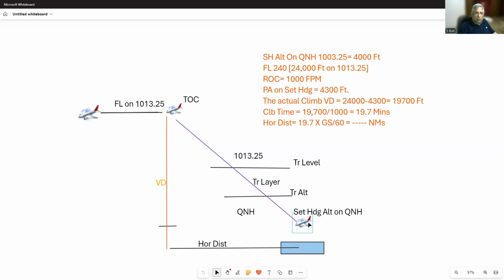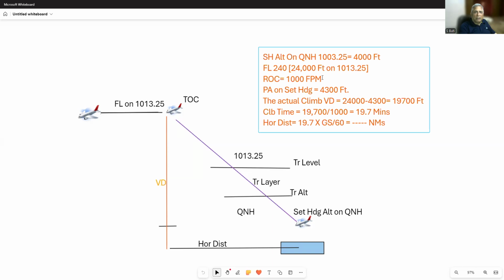This is called set course or set heading altitude. That means now I'm going to set my heading or direction towards the place where I want to go. That's my first checkpoint on the route. And I also start climbing at a rate which will be from your flight manual, and in this aircraft is climbing at 1,000 feet per minute.